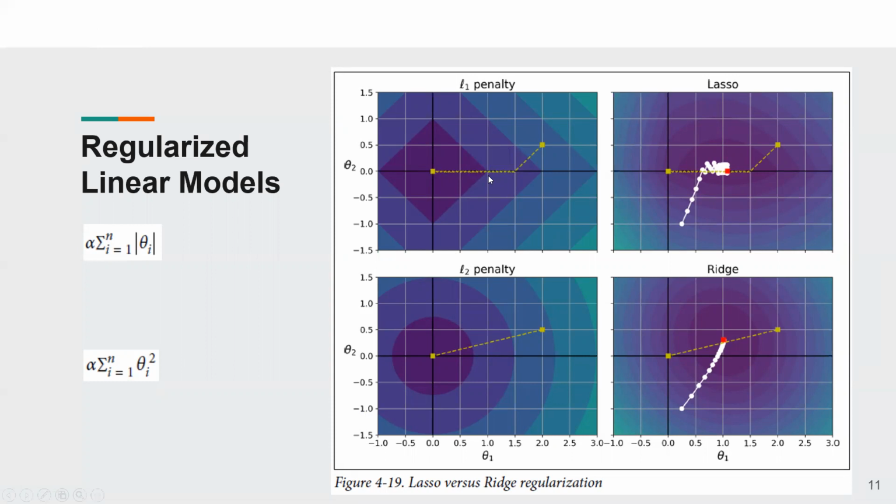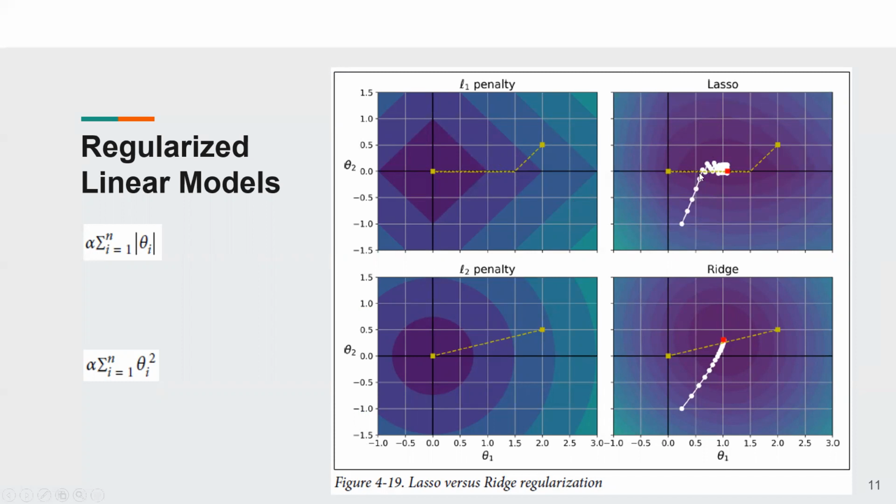And for Lasso regression, because we not only have this penalty but also the original MSE, the solution space is no longer this square, it's actually this ellipsoid type of shape. If you have an initial solution starting from here, you're doing something very similar.